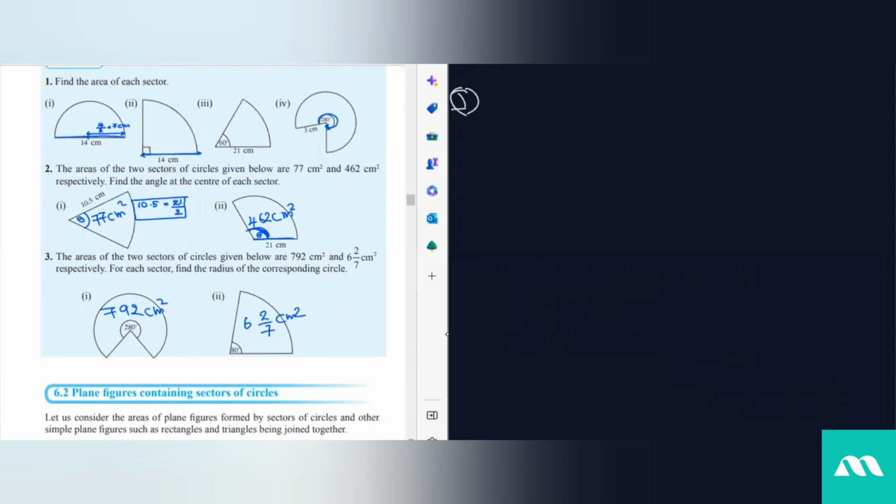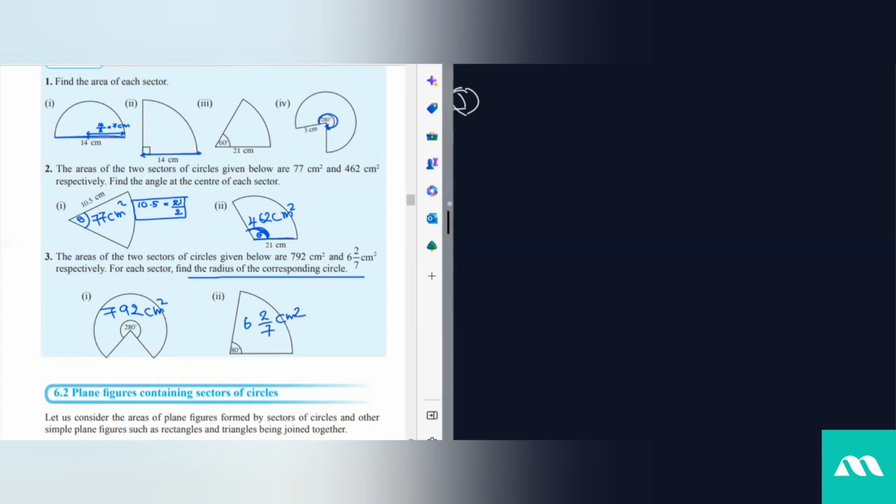For each sector, find the radius of the corresponding circle. Here we have to find the radius. We are given the area of the sector and the angle at the center.